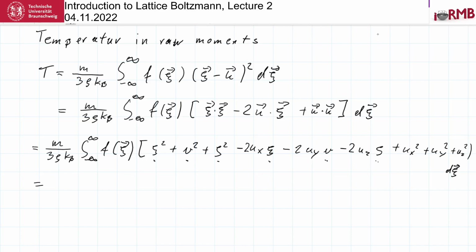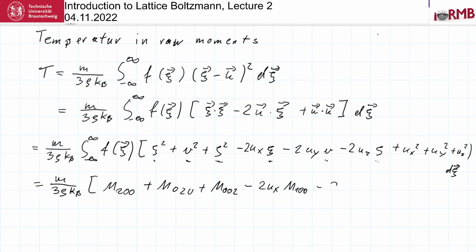So we get again the same prefactor, which I'm going to ignore now, and this goes into M200 plus M020, which is this one, plus M002, which is this one. Now minus, as I said, ux is constant, and this guy here is the first moment M100, minus 2uy M010, minus 2uz M001.